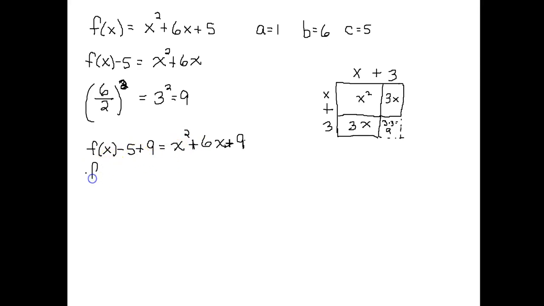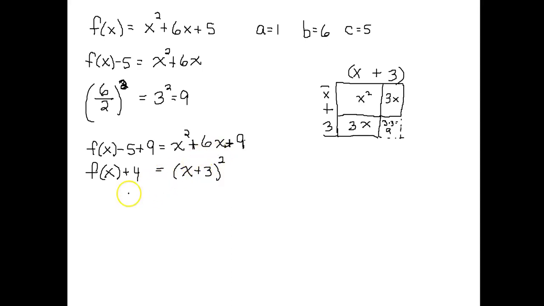It's handy to do that because now on the right side you can factor. It's a perfect square trinomial, so you can factor it like such: x plus 3 quantity squared, x plus 3 times x plus 3. Okay, it's almost done.